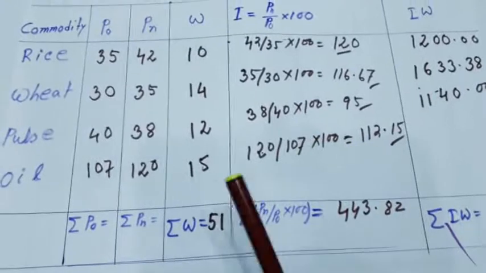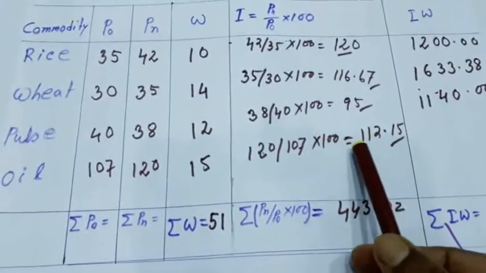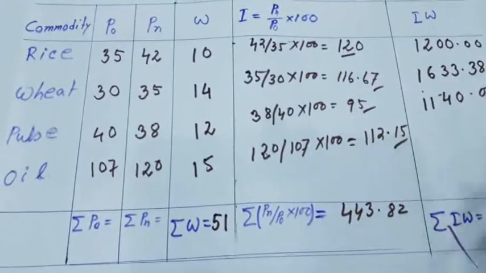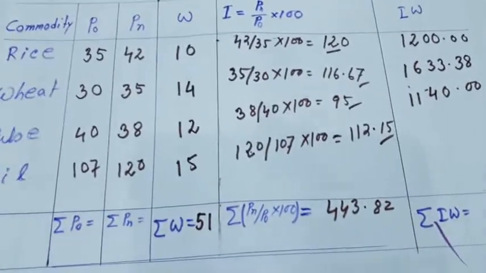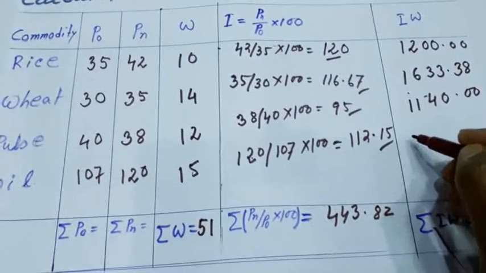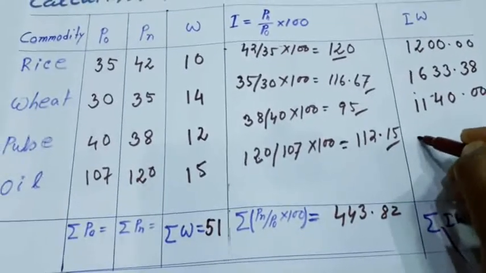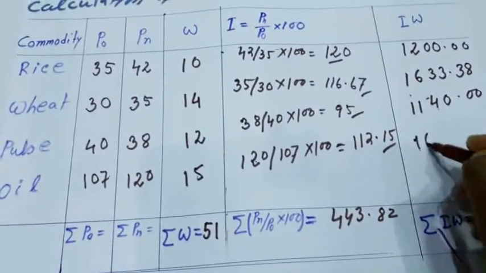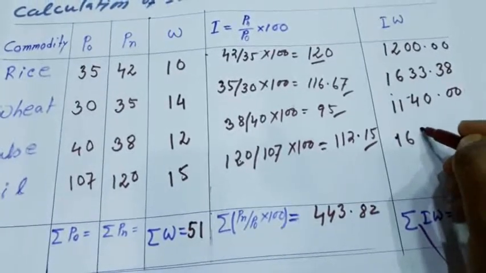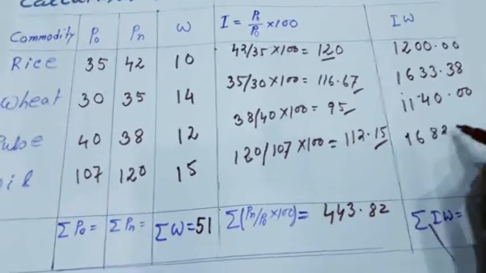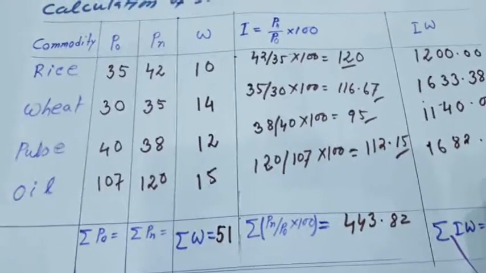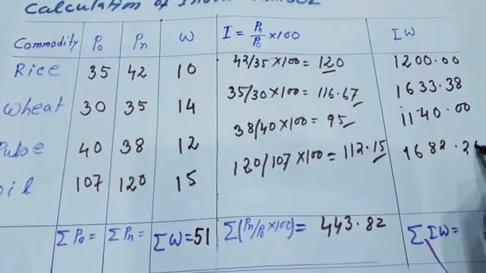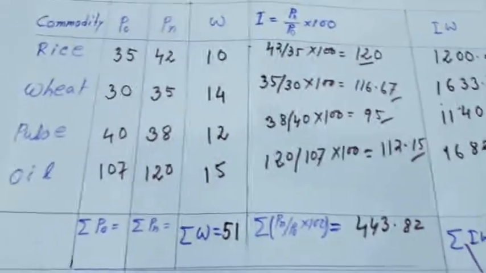Now 15 into 112.15. Now multiply this by the calculator, and the result will be 1682.25. Okay.